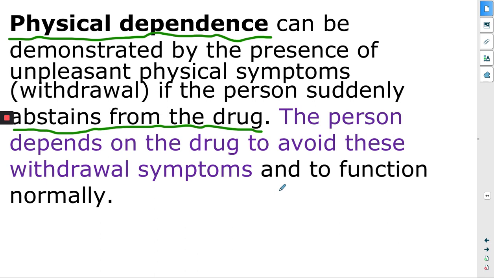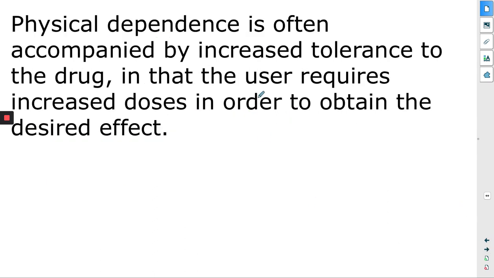So physical dependence is about our body physically being dependent, as you are dependent on your parents or your carers or whoever you live with, in order to have everyday living. Now, it says here it is accompanied by increased tolerance.